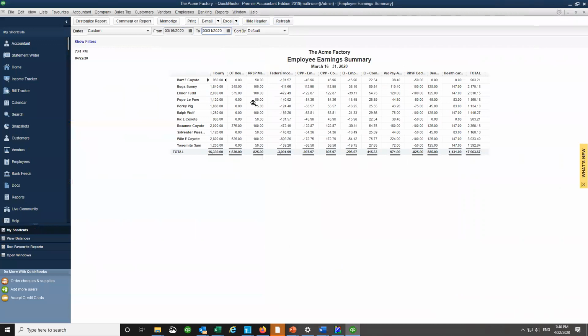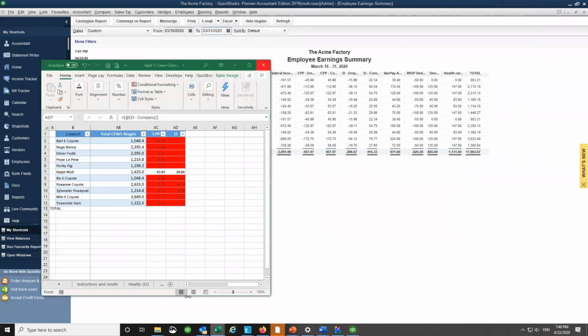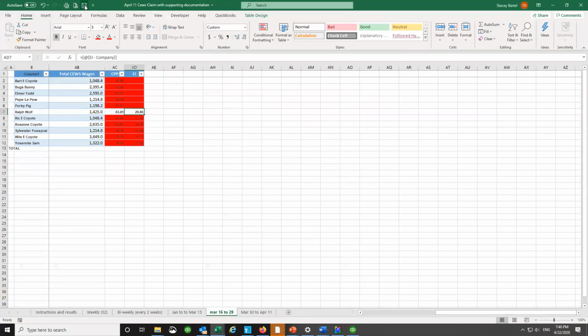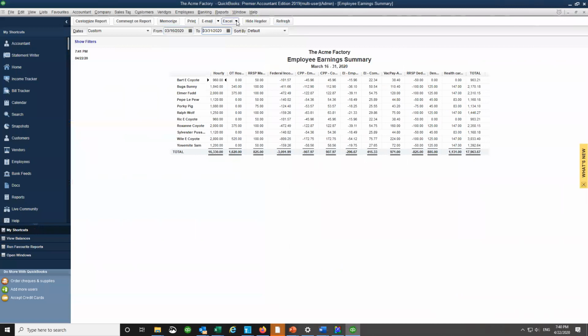Now with that, it had to deal with gross salary. So again, let's wait here, save this spreadsheet. Let's not make that mistake. Okay. Now we're going to go back into here and create a new spreadsheet again.